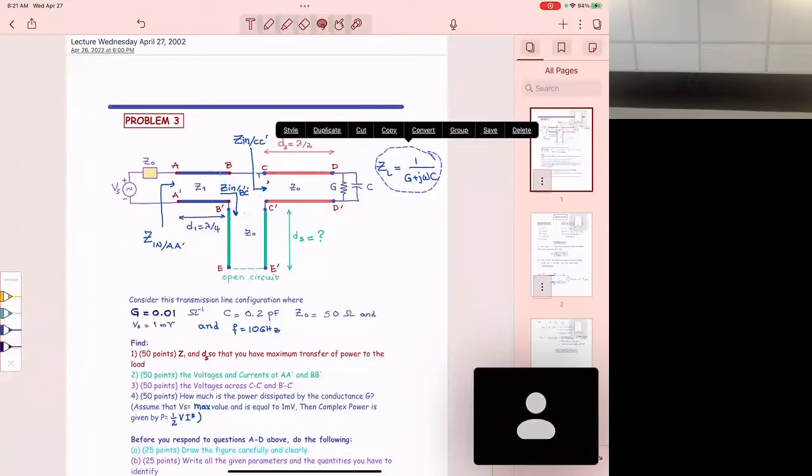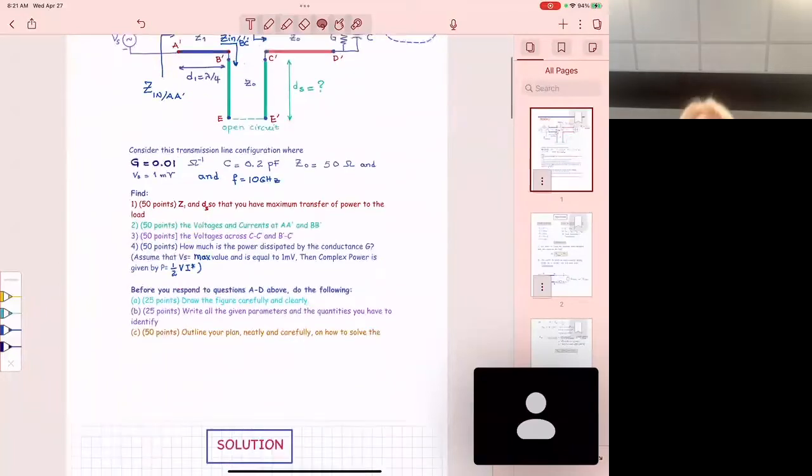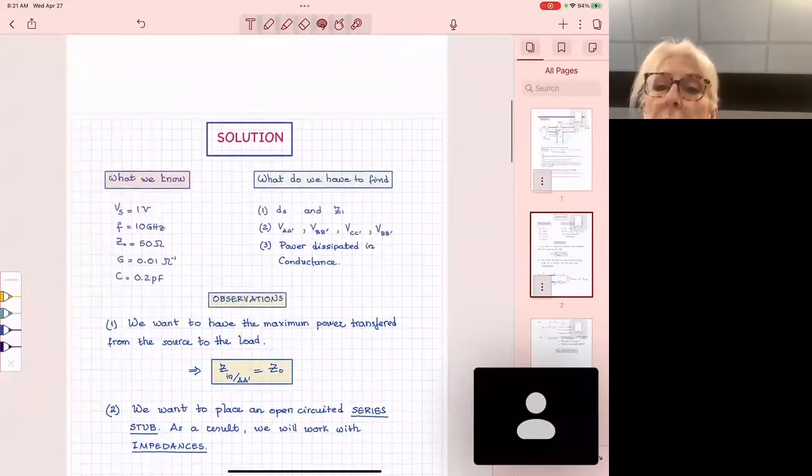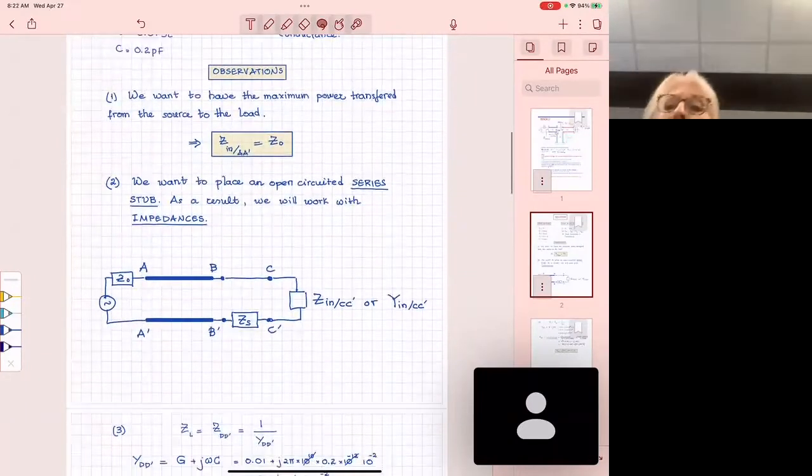So on a Smith chart, for the design things that we are doing, if you have a series stub, you have to use impedances. If you have a shunt stub, you will have to use admittances, and I will show you how to do that. Remember it as an observation. Since I'm using a series stub, I will use impedances.